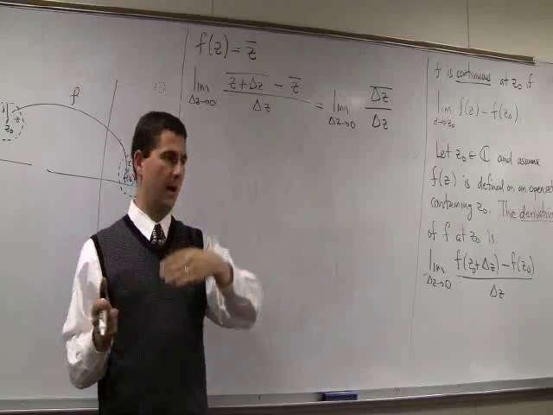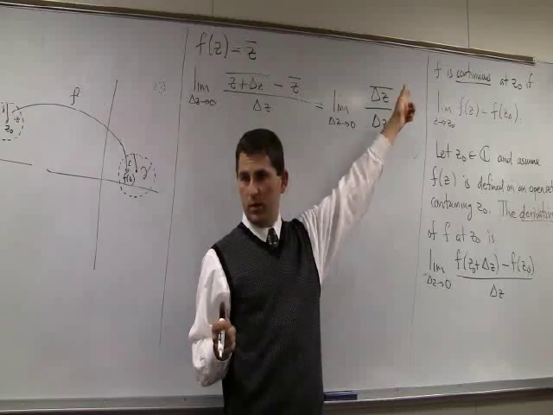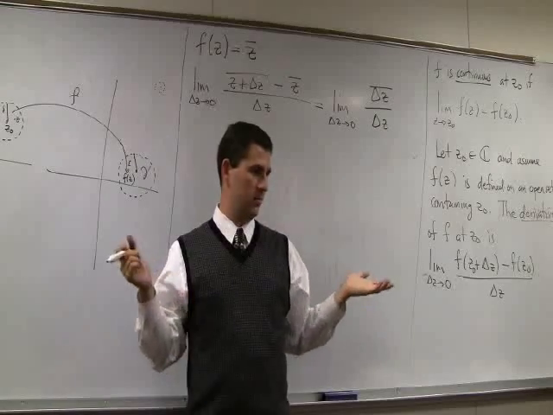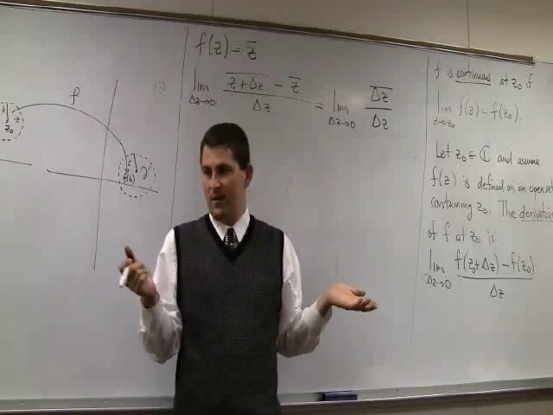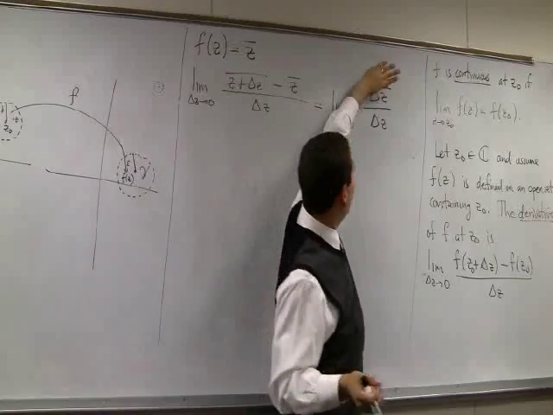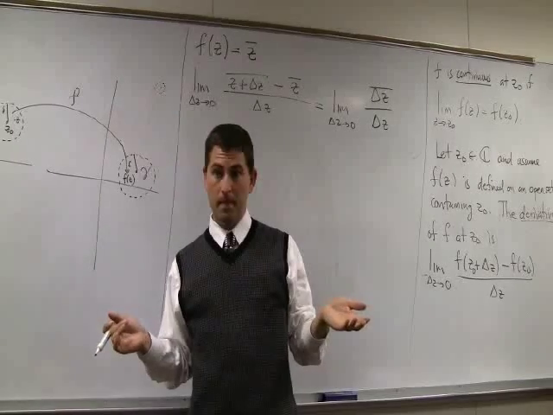It's getting close that way. When you take its bar, this is just some real number moving on the real axis. When you bar a real number, it's just the same number, there's no imaginary part to conjugate. So this bar would just go away, and you get delta z over delta z, which is 1.